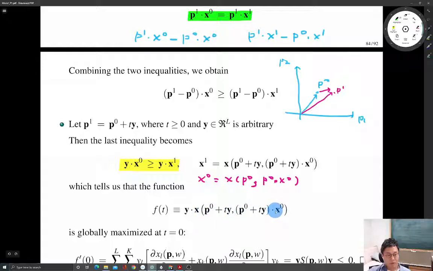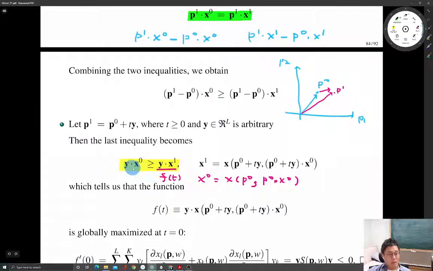And by definition of x1, the right side becomes f of t. Originally x1 is a function of price vector and wealth, right? But with this parameter t, I can transform this given function x into the function of t, just like this.